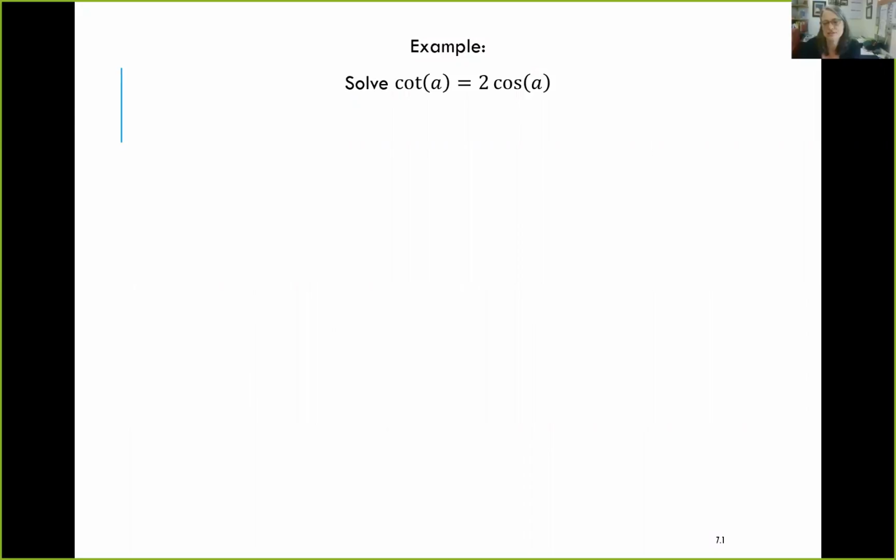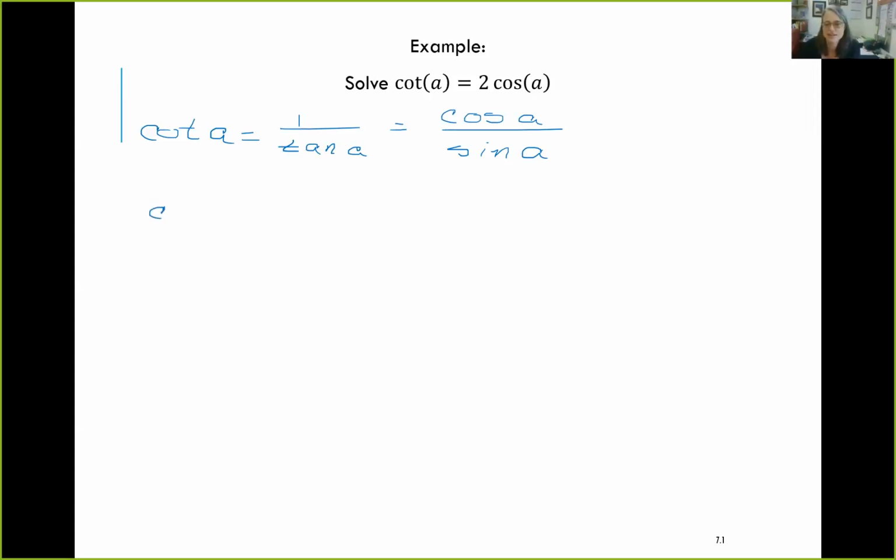Cotangent, we know, is 1 over tangent. That doesn't really help me. But I remember that tangent is sine over cosine, so this is going to be cosine A over sine A. Oh, this might work. Let's try this. So instead of cotangent, we're going to write cosine over sine.